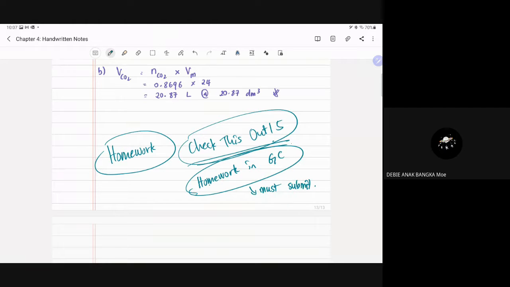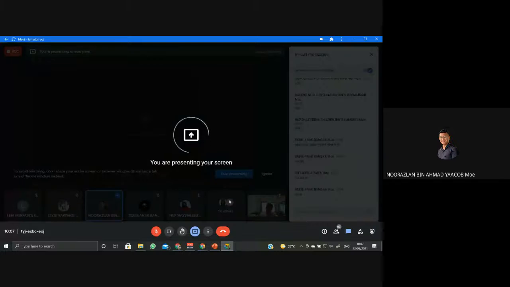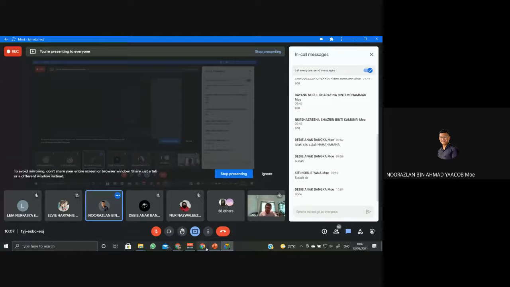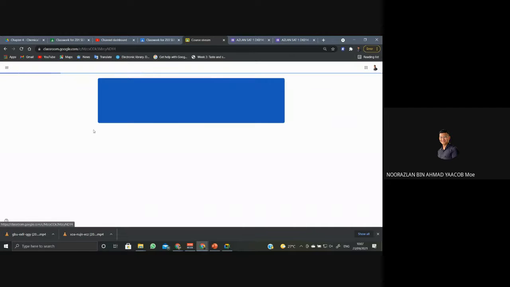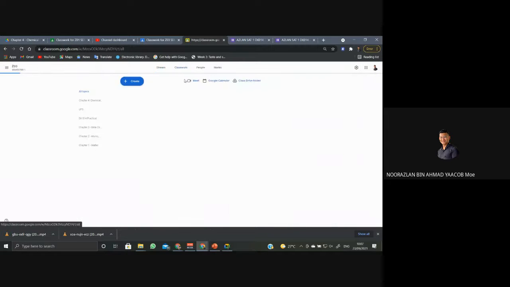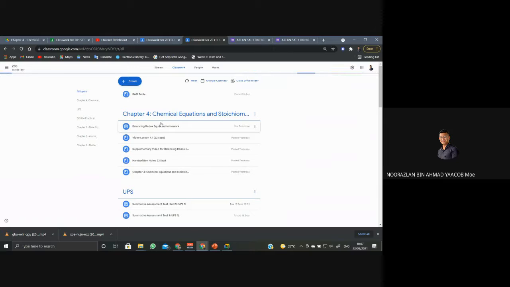Yang ni kamu perlu hantar 2 je soalan. Okay. Soalan dia, let me show you. Okay, classroom. Okay, kalau kamu tengok dekat classwork ni, ada balancing redox equation homework.